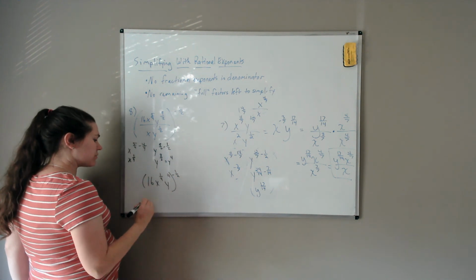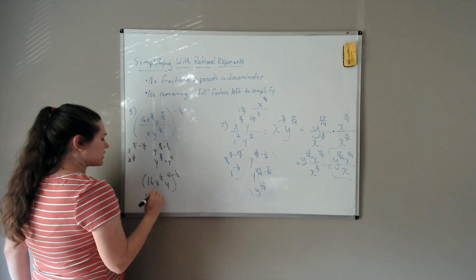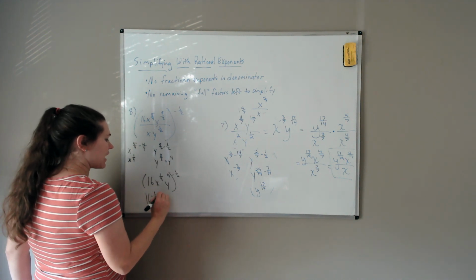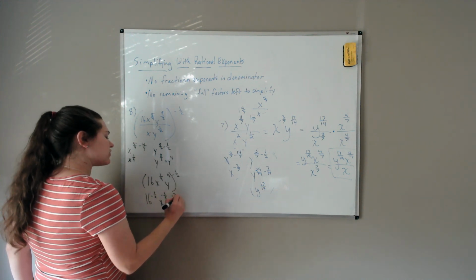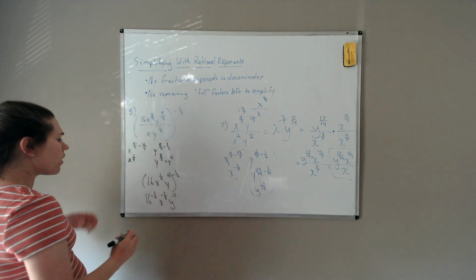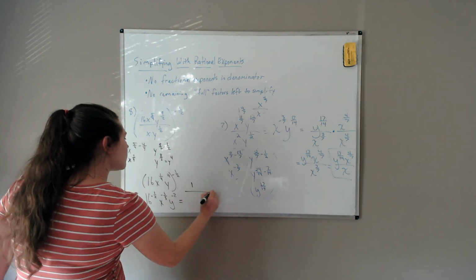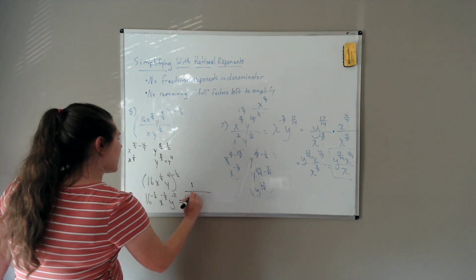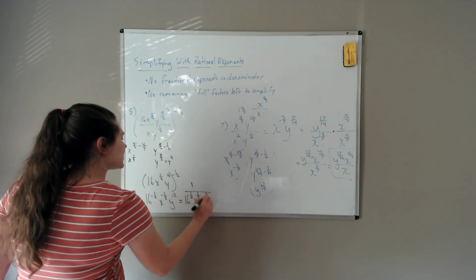So now we distribute, because this is a product, we distribute: 16 to the negative 1/2, x to the negative 1/8, because you multiply, and y to the negative 2. So we end up with negative exponents, so this becomes 1 over 16 to the 1/2, x to the 1/8, and y to the 2nd.